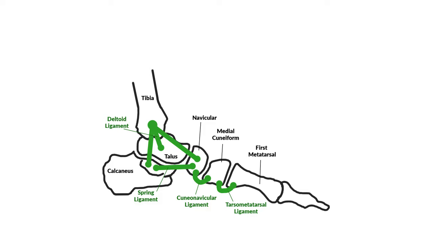Those bones being, on the medial column, tibia, talus, navicular, medial cuneiform, and first metatarsal. Why don't we talk about the ligaments that are responsible for the architecture and the maintenance of that structure, such as the deltoid ligament, the spring ligament, the calcaneonavicular ligament, or the tarsometatarsal ligament?